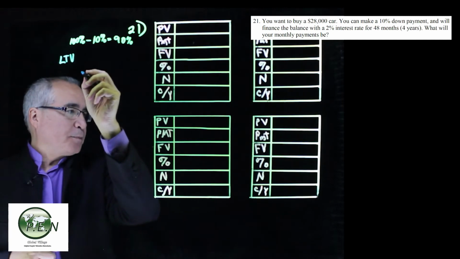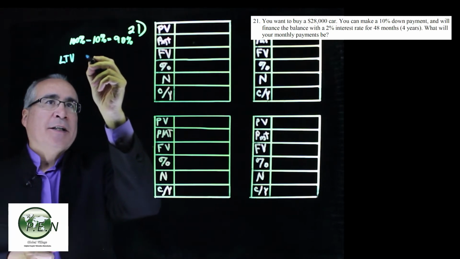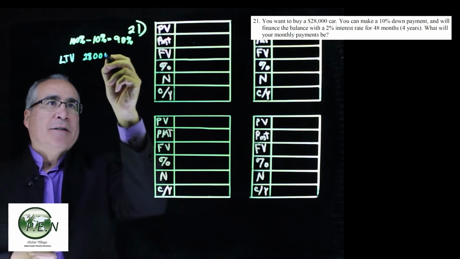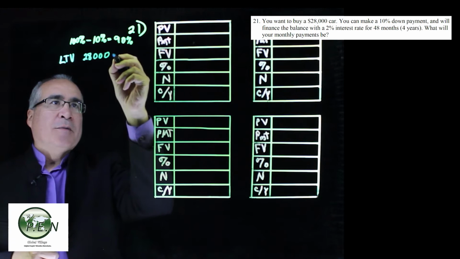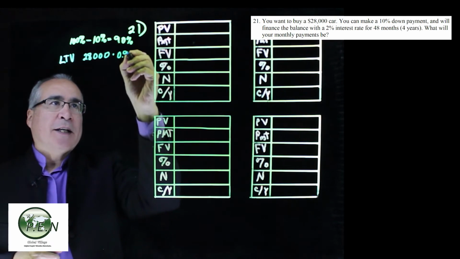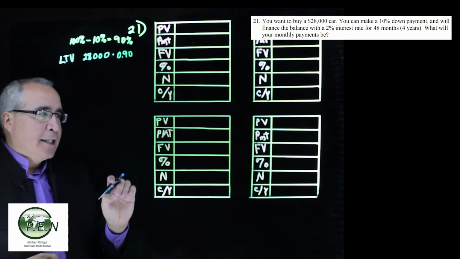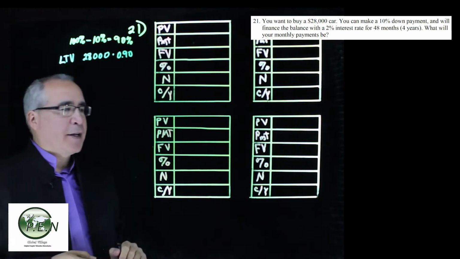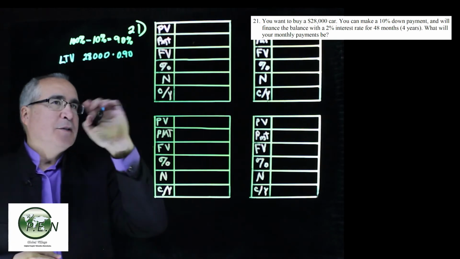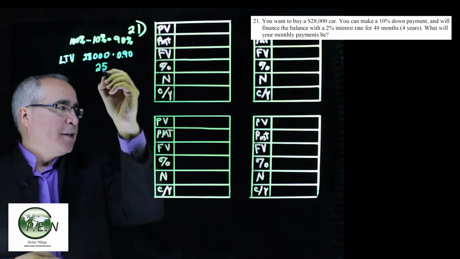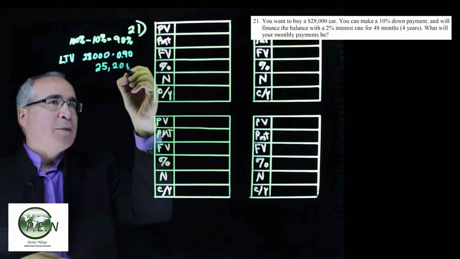The value of the car is $28,000. We're going to multiply that by 90% as a decimal, 0.90, for a 90% loan to value. When we do this multiplying, what we find out is we've got $25,200. That's what we're going to borrow.